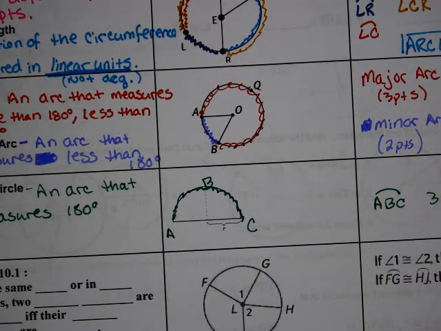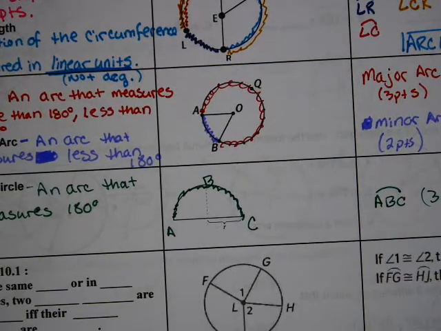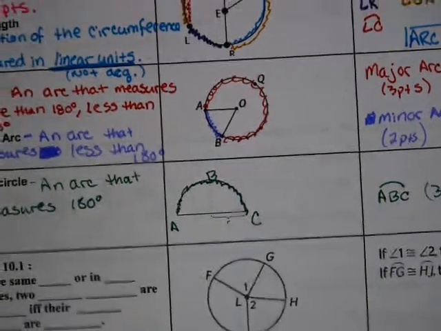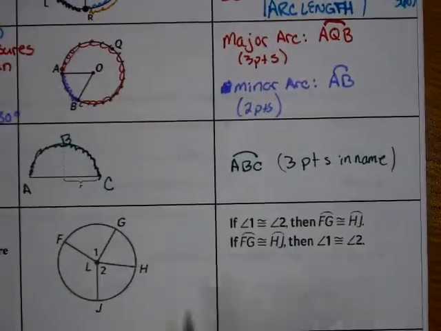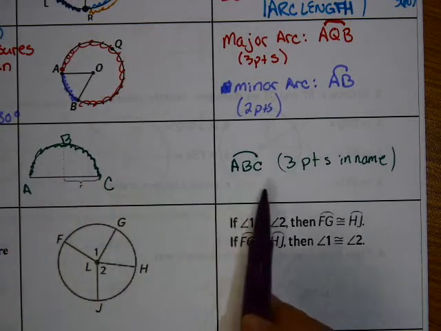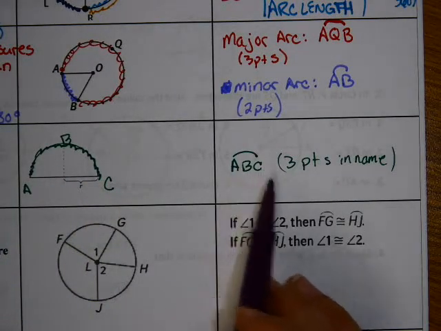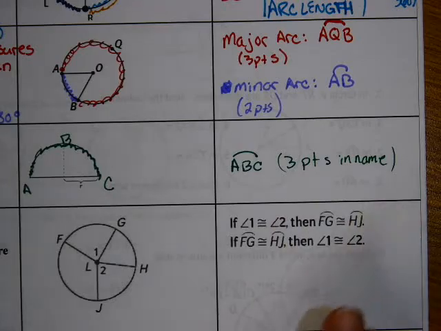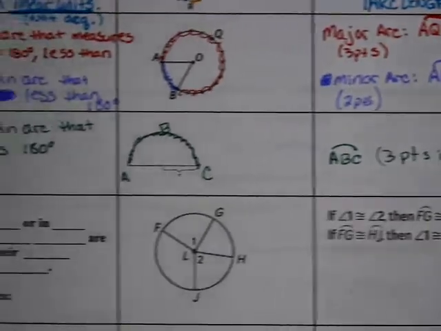And an arc that is a semicircle can have 3 points in the name. So here we have ABC. My arc would be ABC. Make a note that it has 3 points in the name.